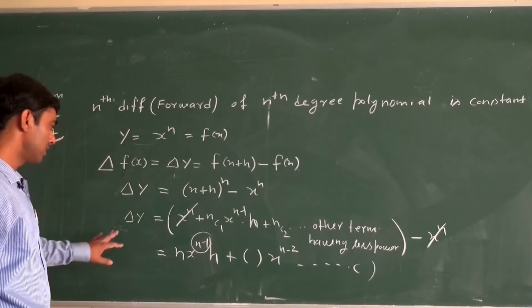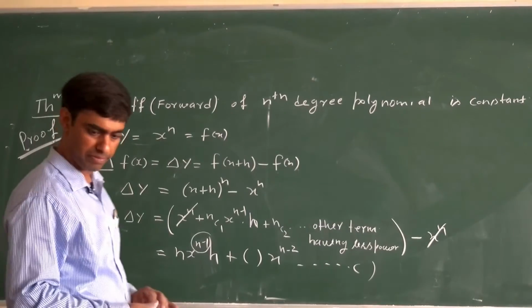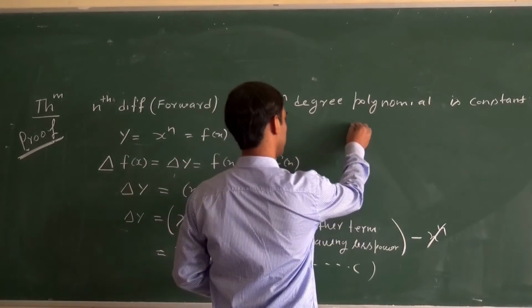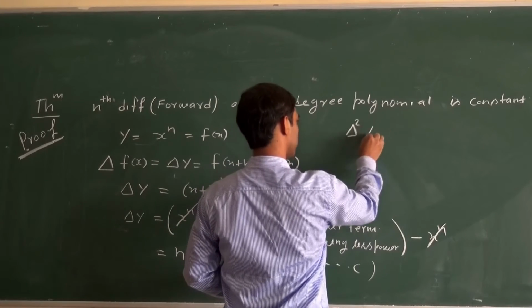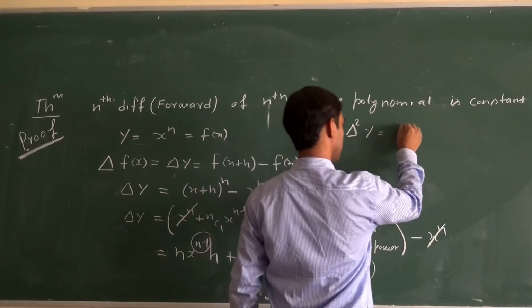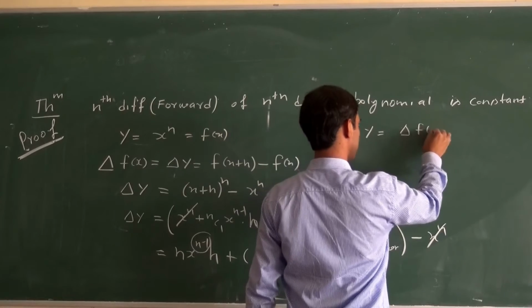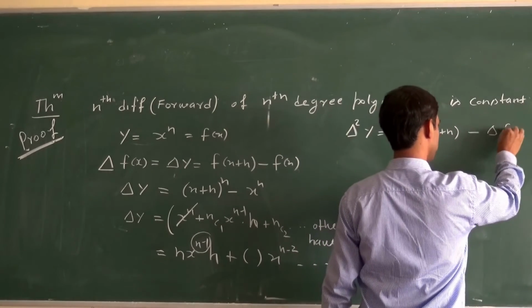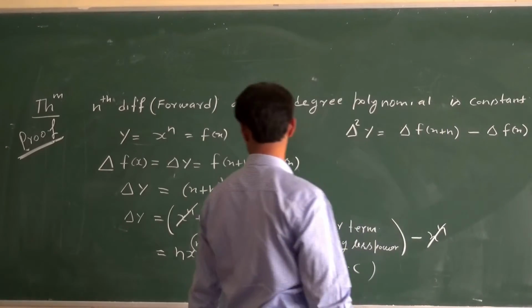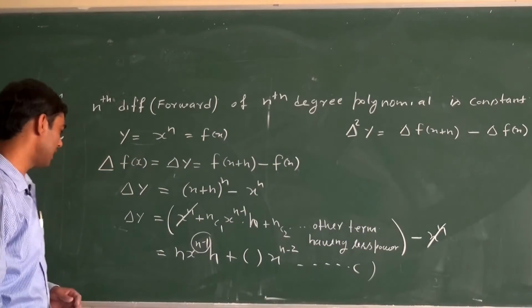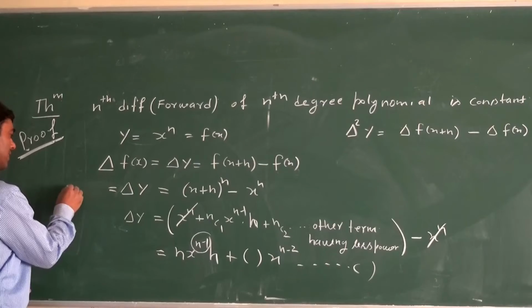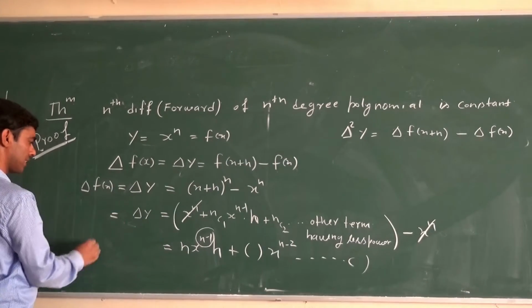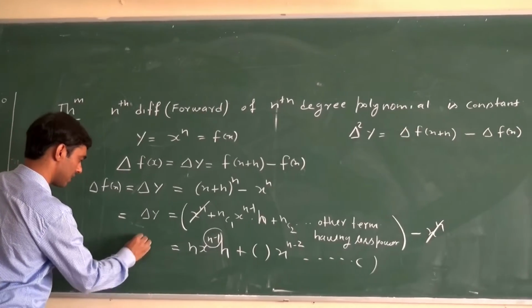Now, similarly, let us find the second order difference. The second order difference becomes Δ²y equals Δf(x+h) minus Δf(x).